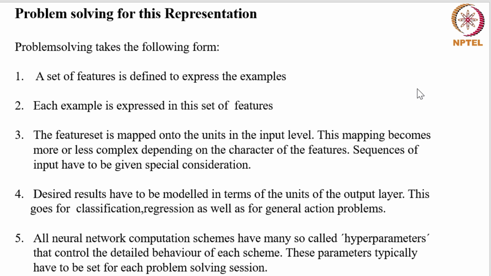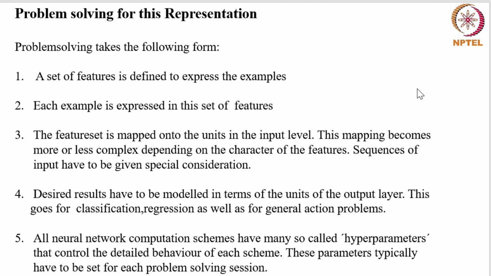So when we have a problem, we have to, as always, define a set of features to express our examples, as you learned in an earlier week. And then when we have expressed all our examples in the chosen kind of features, if we want to use artificial neural representation, we have to map the features onto the units in the input level.